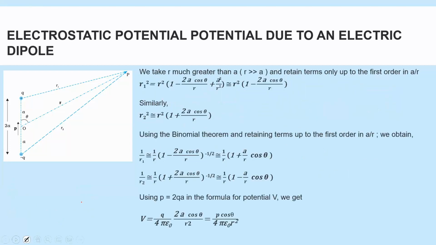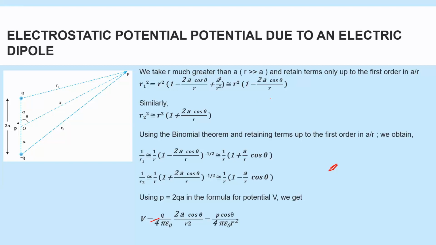If you solve this with the assumption that R is much greater than A, once you expand, you're only going to consider the first order term.